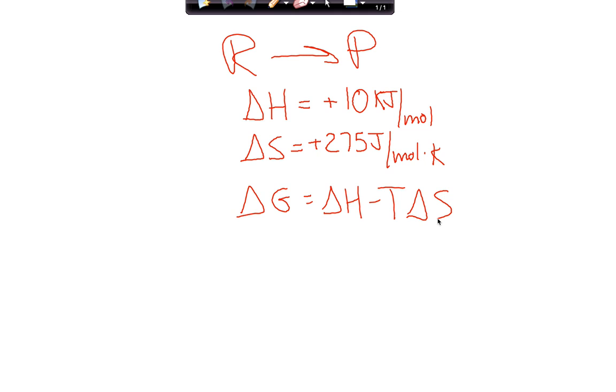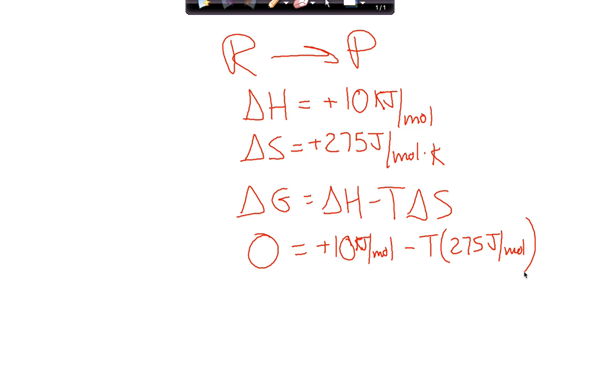So what we're going to do is set this equal to 0, and then delta H is plus 10 kilojoules per mole minus, I'll leave it T, times 275 joules per mole. Guys, write that down and then stop. Don't solve it.